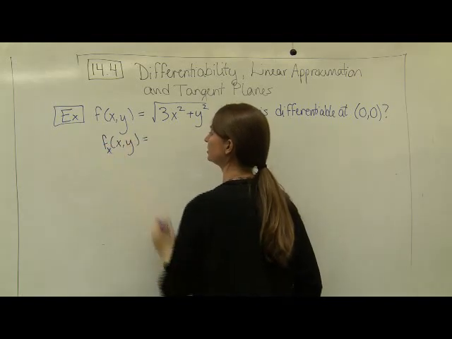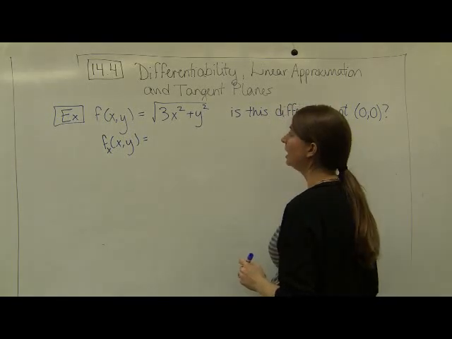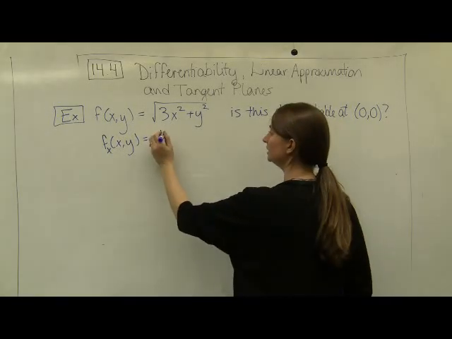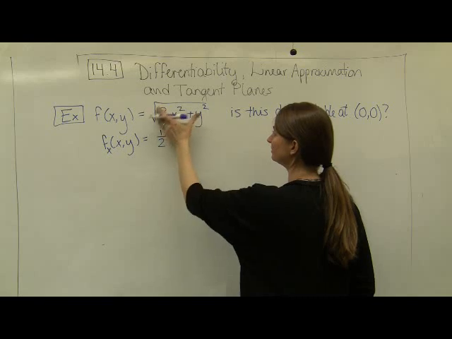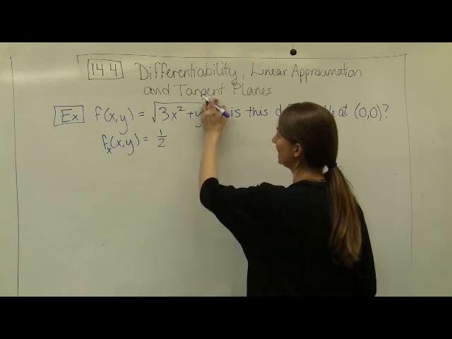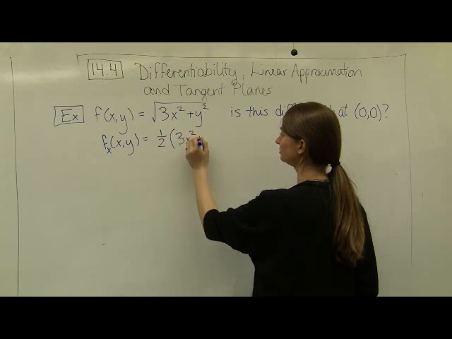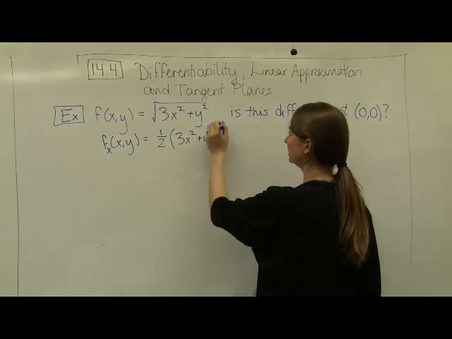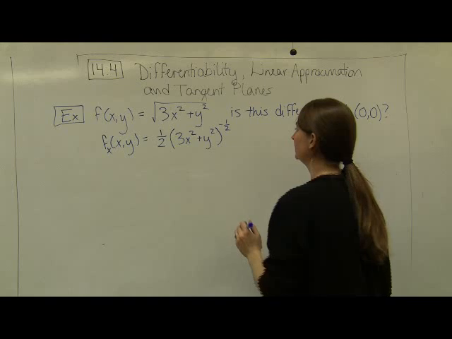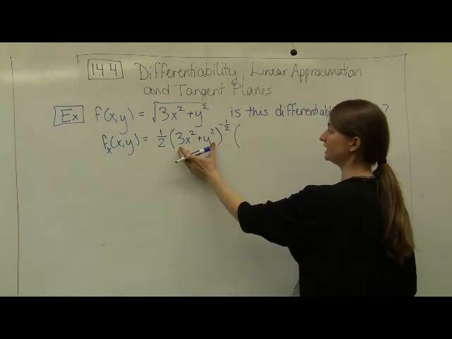So first I'm going to take the partial derivative with respect to x. I'm going to need to use the chain rule. So I'm taking the derivative of this whole chunk raised to the 1/2, and I can use the power rule. I get 1/2 times (3x squared plus y squared) raised to the negative 1/2, times the derivative of the inside.